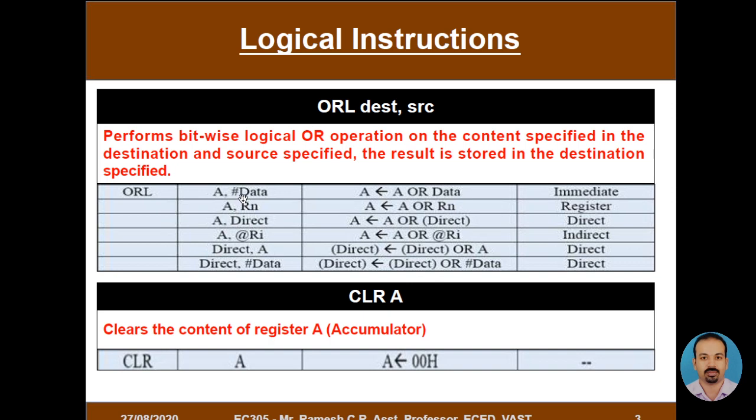One operand will be the accumulator, and the second operand can be an immediate data, or the content of the register, or the content of the direct memory location specified, or the content pointed to by the pointer register. So we have four different addressing modes for this same instruction itself.